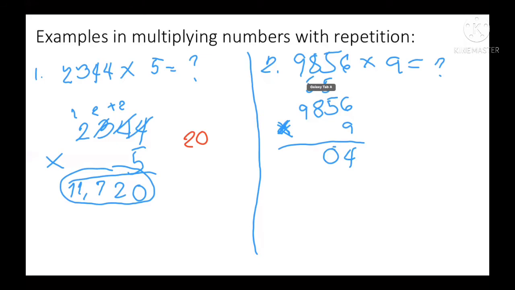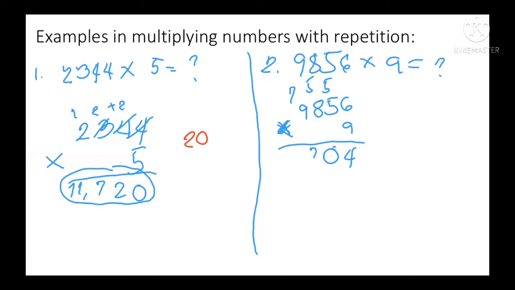9 times 8 is 72. 72 plus 5. 77. Very good. So 7 here and then 7 up here. And then the last digit, 9 times 9. 9 times 9 is 81.